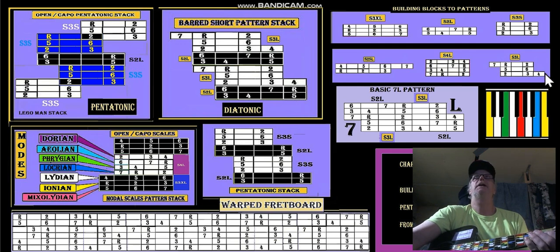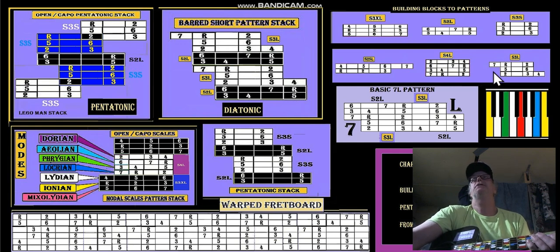It's now called the S3L, not the S3S. The S3S I've given the name stack of 3 short for the pentatonic. So this is pentatonic. And I have another pattern that I have like an S3 pentatonic, which is nice. It's just the 5/6 root 2/3, but we'll get to that.